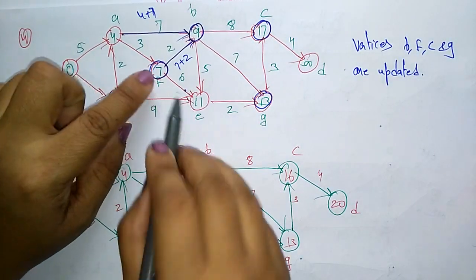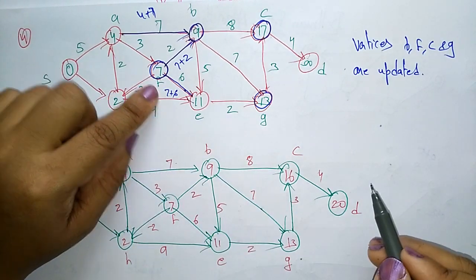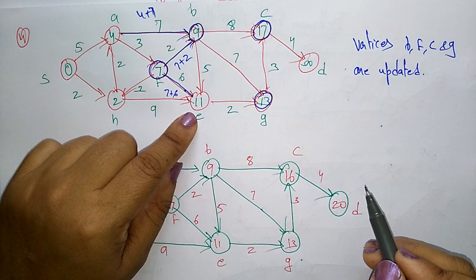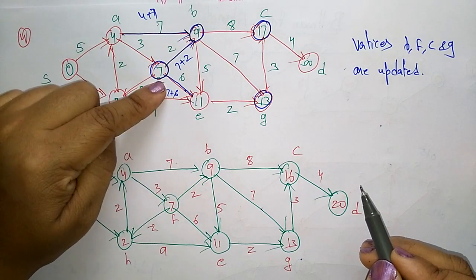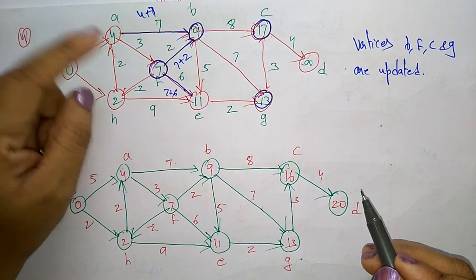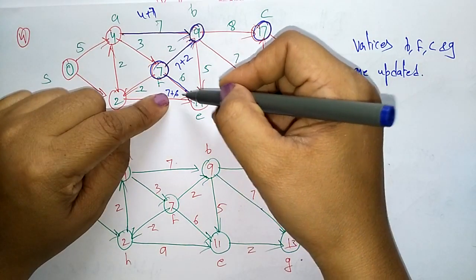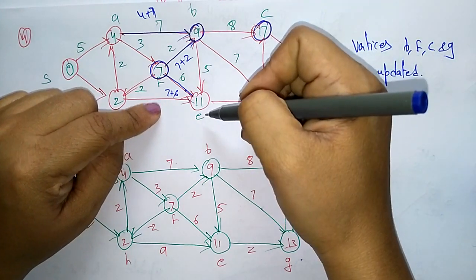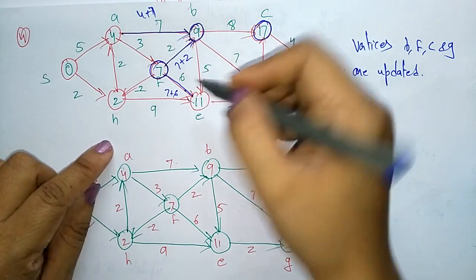Now check this side, 7 plus 6, so F. So this is not satisfied here. It's becoming 13, so this is not satisfied.